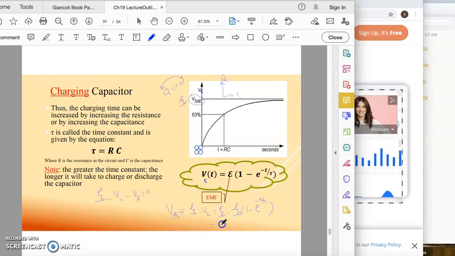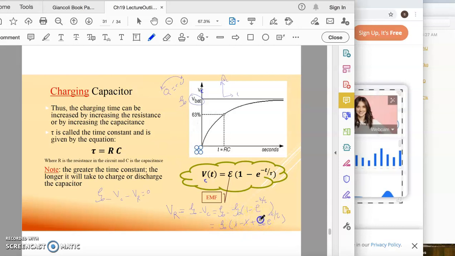We can take epsilon as a common factor. What we have is 1 minus 1, and then the minus goes there, plus epsilon e to the minus t over tau. So V across the resistor is equal to, did I do something wrong here?